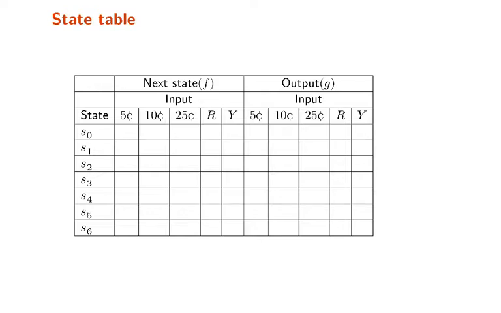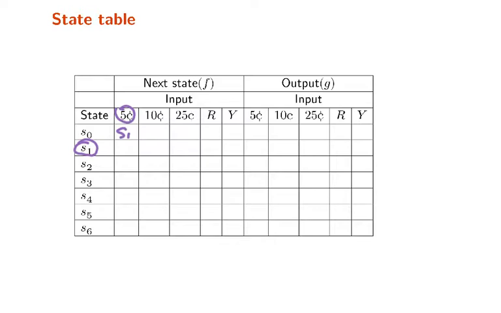So what does it mean? For instance, if you are in the state S0, I mean when there are 0 cents in the machine, and you put 5 cents, what is the next state that you get here? Well, it will be the 5 cents state, which is S1. So if you are in S1, and you still put 5 cents, remember that S1 is the one that already has 5 cents.